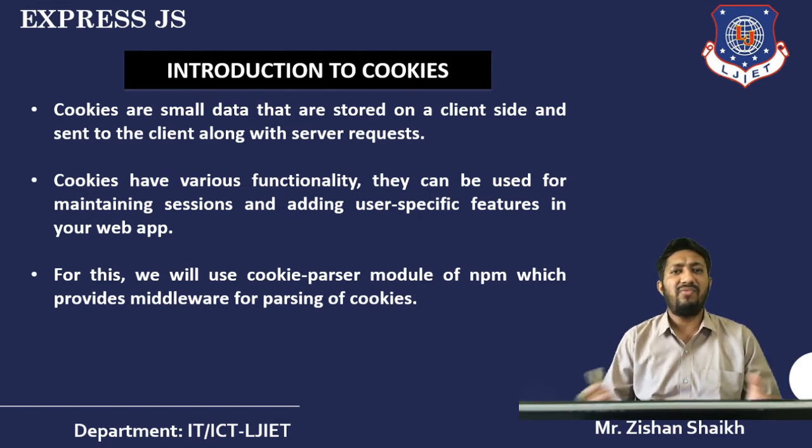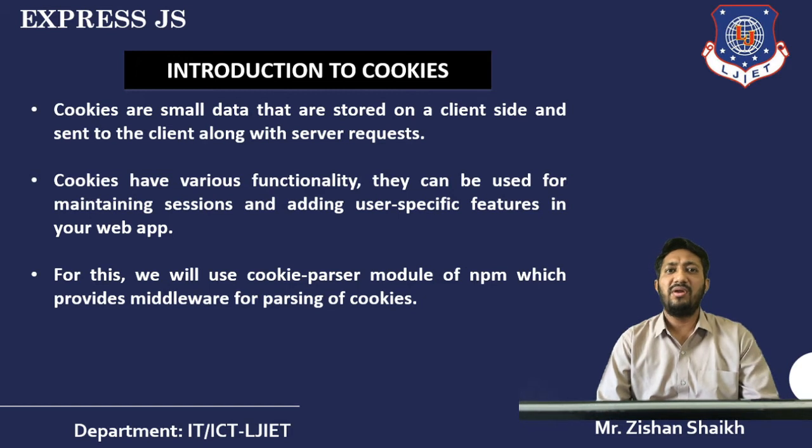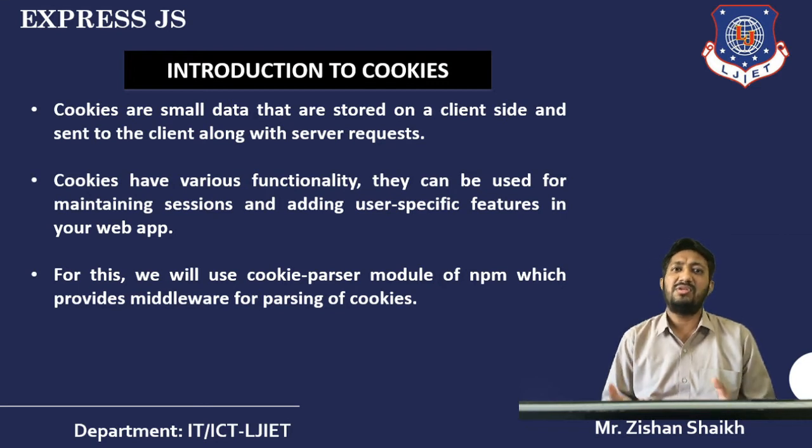Now, how can we use cookies in Node.js? The concept is similar to other topics. We just import the package, then use the different methods. But for this particular module, we have to use cookie-parser. The cookie-parser module is a middleware that is responsible for maintaining all the cookie-related tasks in your Express.js.